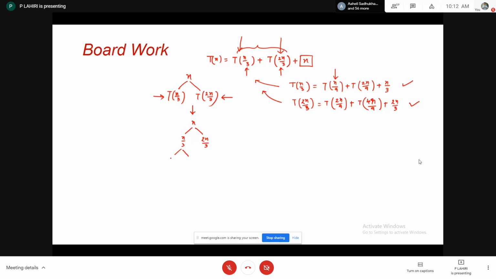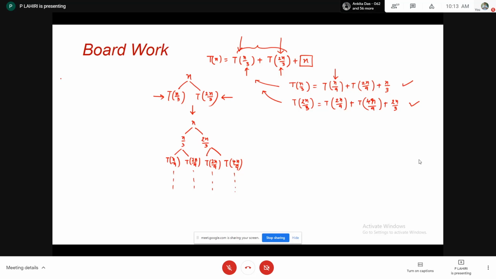Okay, so T of n by 9, T of 2n by 9, and here you write T of 2n by 9 and this one T of 4n by 9. Is it so? Am I right or wrong? Yes, sir. So in this way you can stop. Fine. So tree representation is done.